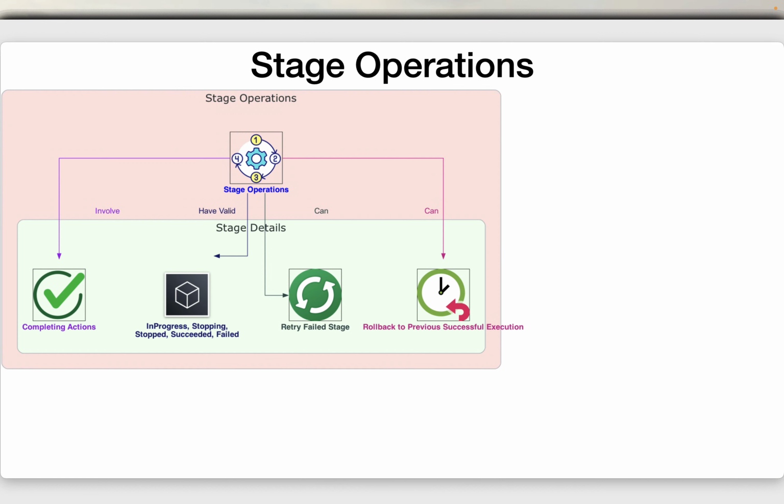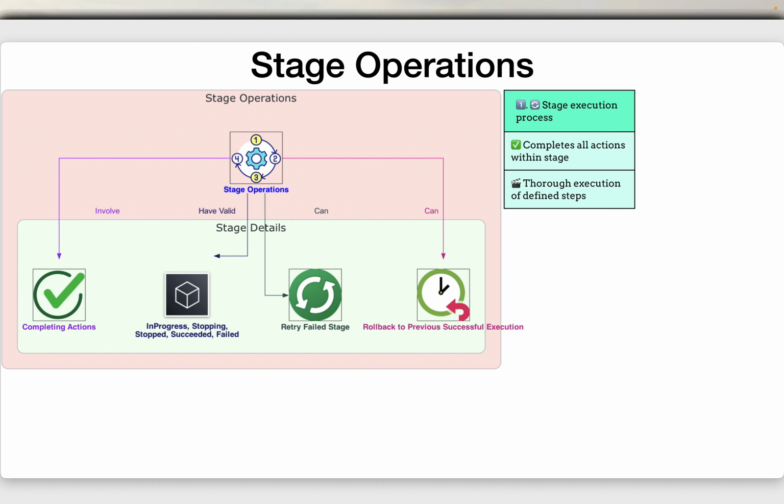Next, see what is stage operations. When a pipeline execution runs through a stage, the stage works on completing all the actions within it, ensuring a thorough execution of the defined steps.